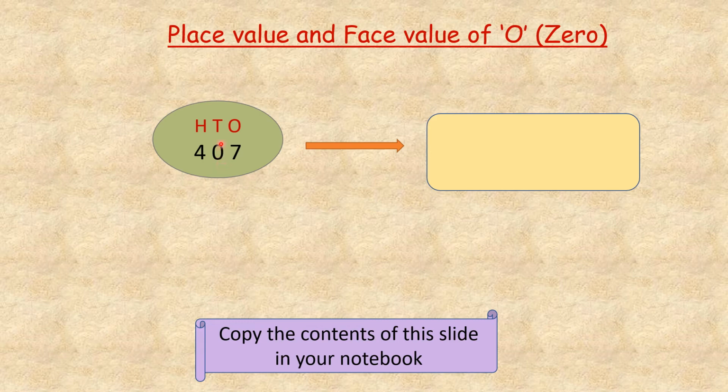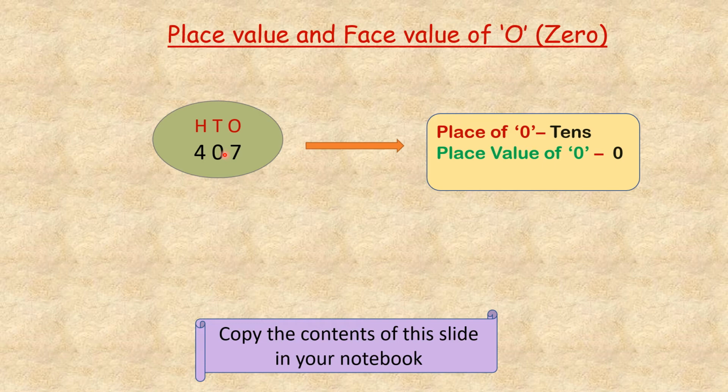0 is in the tens place. We can clearly see that. So the place of 0 is tens. Now, what is the place value? Place value of 0 is always 0 wherever it stays.